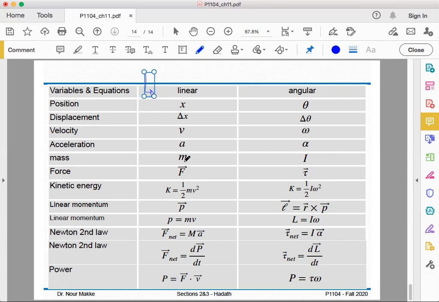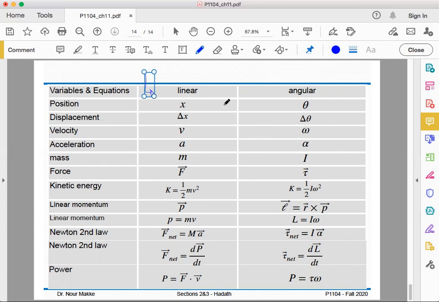Then when we take into account the mass m of a particle, we go to the dynamics and talk about the force. All this allows us to talk about the kinetic energy, linear momentum, and Newton's second law in its two forms: F equals ma, and F equals the derivative of the momentum with respect to time.